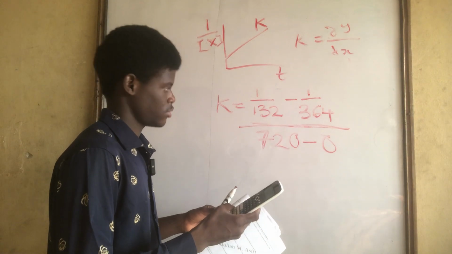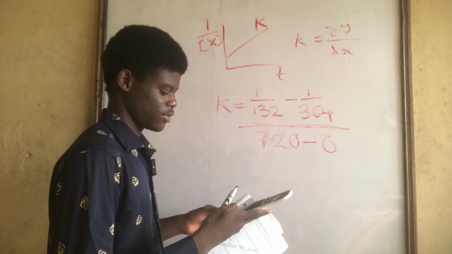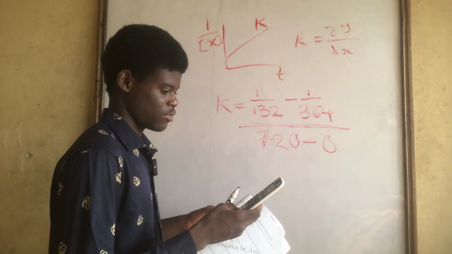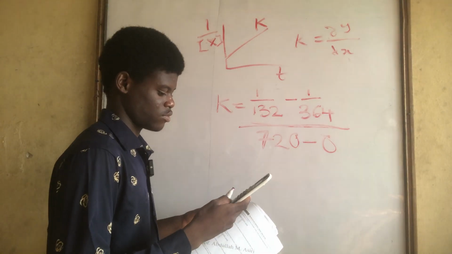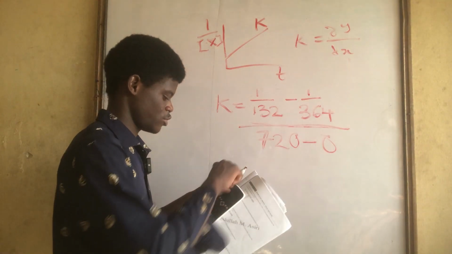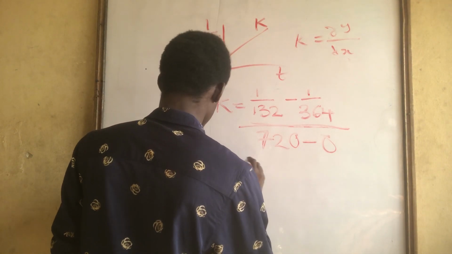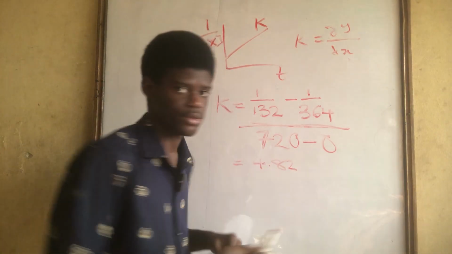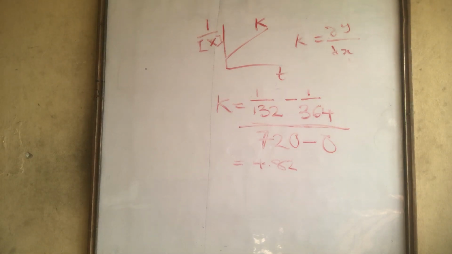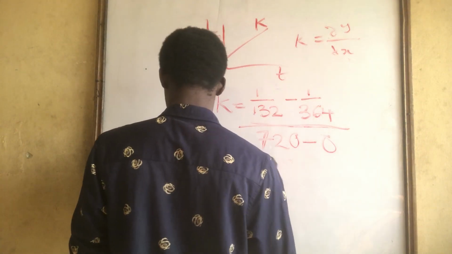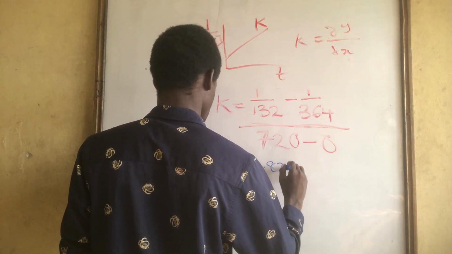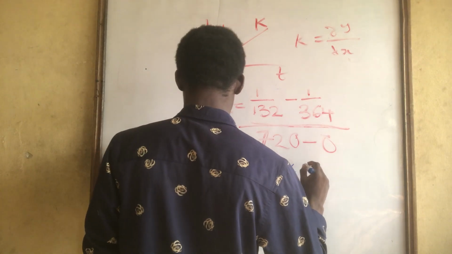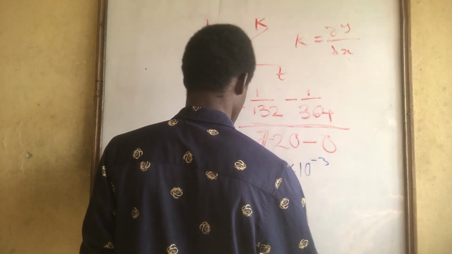1 over 132 minus 1 over 364. That will be 4.82. This will give us 4.82 times 10 to the power minus 3 divided by 720.